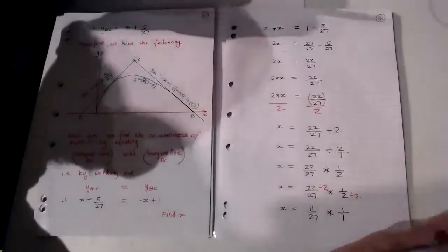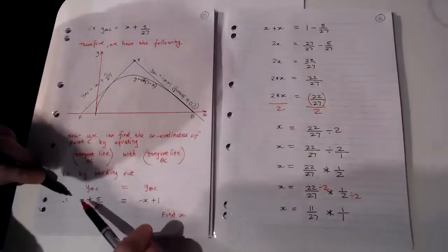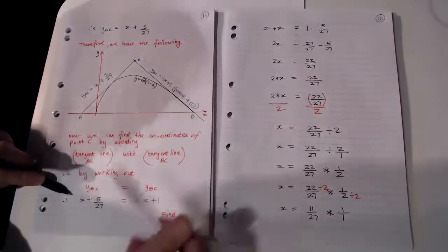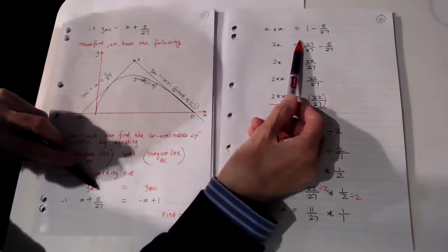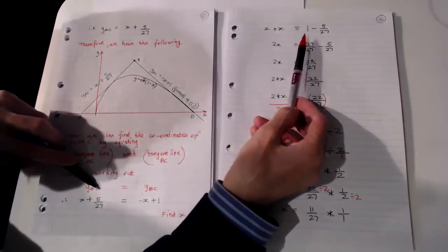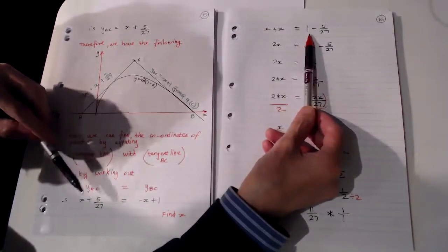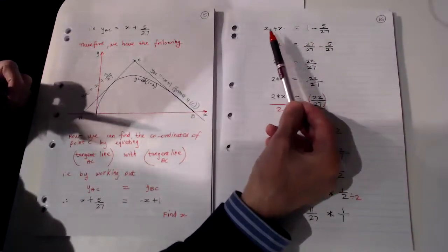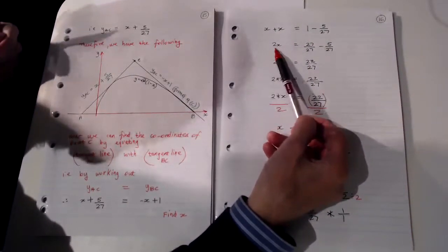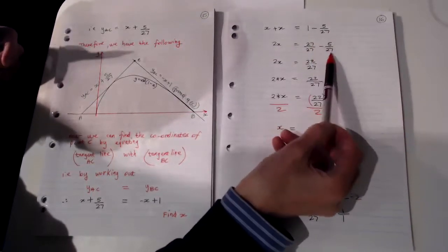To find x, we can put all the x's on one side, and all the constant numbers on the other side. So that will give us positive 1, and when we put that positive 5/27 on the other side, it becomes minus 5/27. x plus x, of course, is 2x, and that's equal to 1 becomes 27/27 minus 5/27.